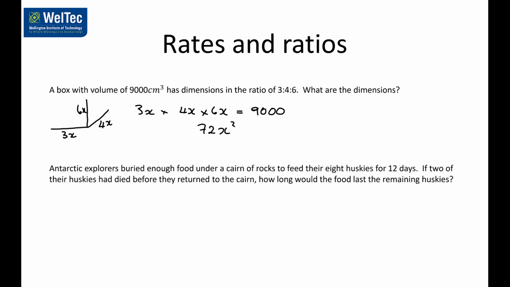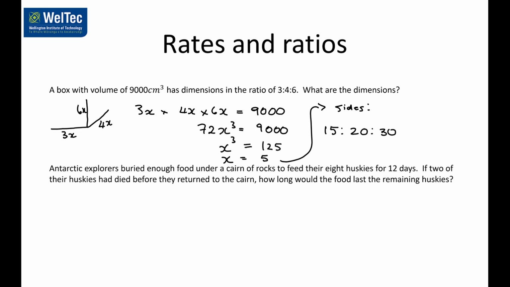X cubed equals 9,000. And we're just going to use basic algebra to say that x cubed is 125. So x must be 5. So therefore the sides must be 5 times 3, which is 15, and 4 times 5, which would be 20, and 5 times 6, which would be 30.